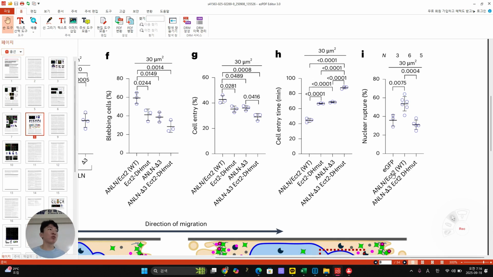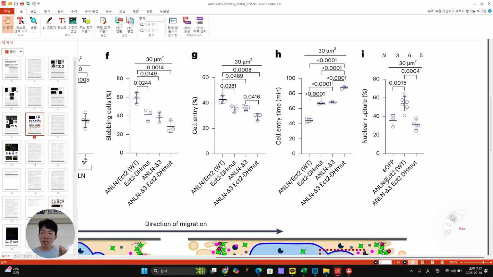Because they have endogenous anillin Act2, they can already migrate in a confined area. When they transfect this plasmid, more anillin Act2 is generated. That is why nuclear rupture increases, because they can generate more myosin activity.